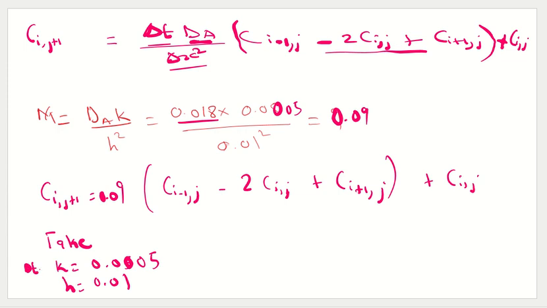Delta t is just a step size, a very small number, and delta x is h. When we evaluate that, we get 0.09 for all the constants together. Therefore, our C i j plus 1 is equal to 0.09 times C i minus 1 j minus 2Cij plus C i plus 1 j, plus Cij. So this is what we are going to evaluate to get our final answer at the point needed.